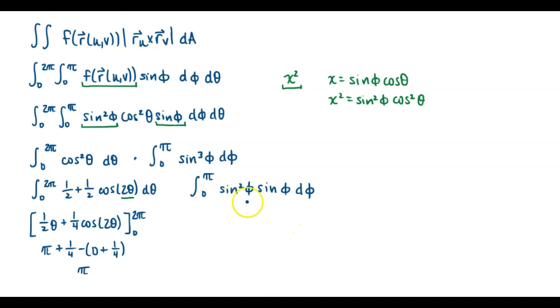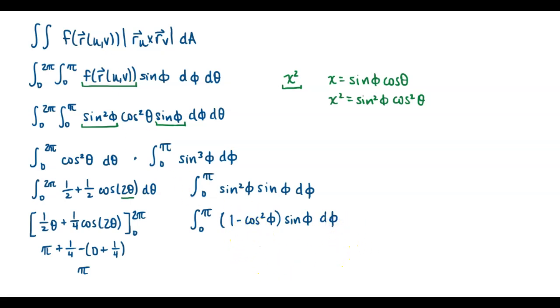Because in this way, if I have a sine of phi squared, I can rewrite this in terms of cosine, and then I can use that u substitution. And so if I write this in terms of cosine, I have the integral from 0 to pi. Because I know that Pythagorean identity, I can call this 1 minus the cosine of phi squared times the sine of phi d phi.